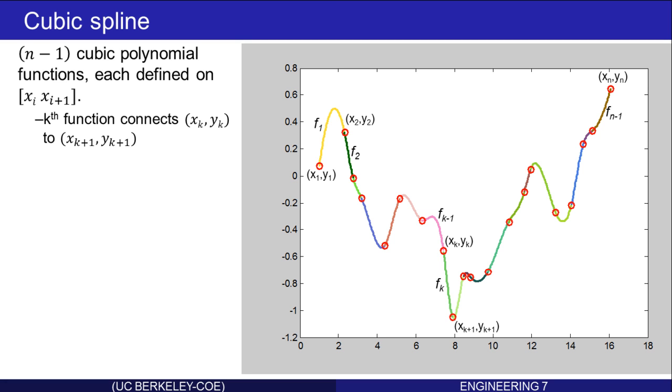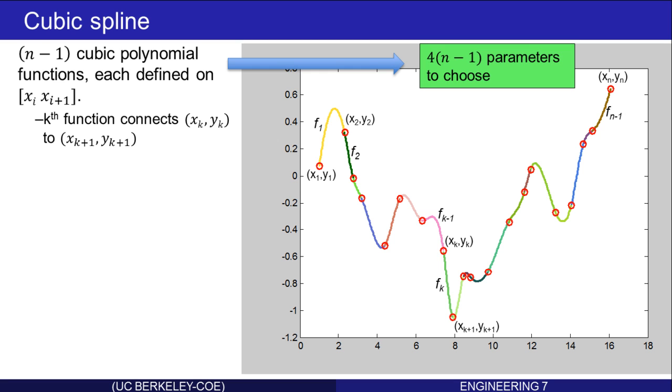And finally, fn-1 connects xn-1, yn-1 to xn, yn. Since there's n-1 cubic polynomial functions, and each polynomial function is parameterized by 4 numbers, a0, a1, a2, a3, that means that there are 4 times n-1 parameters to choose to define all these cubics.